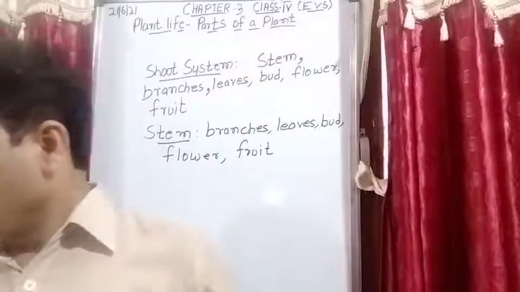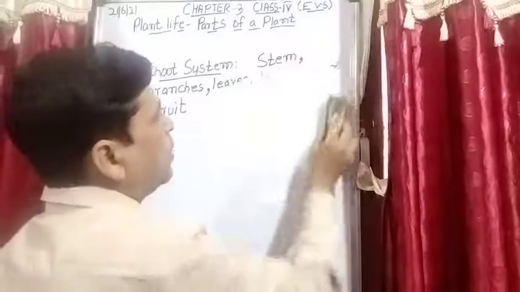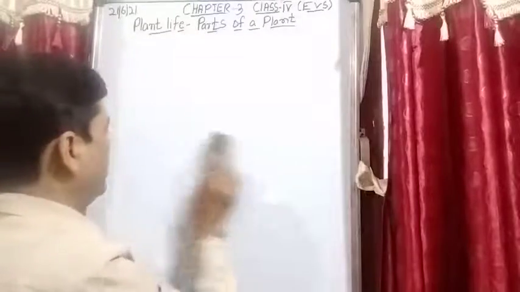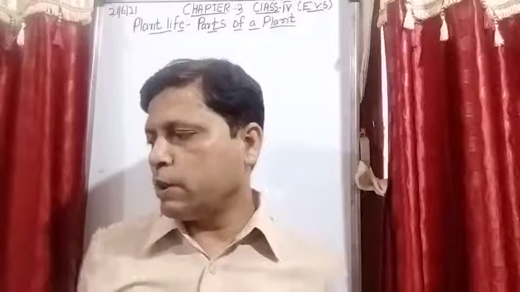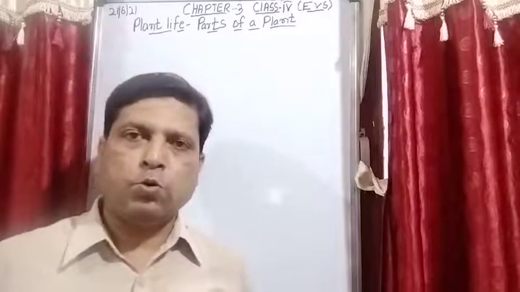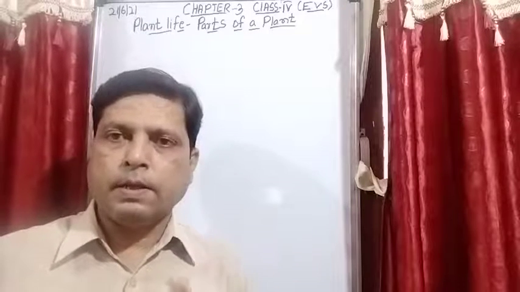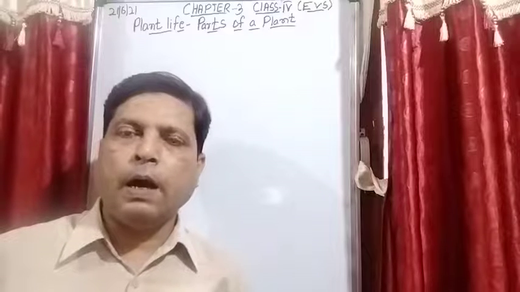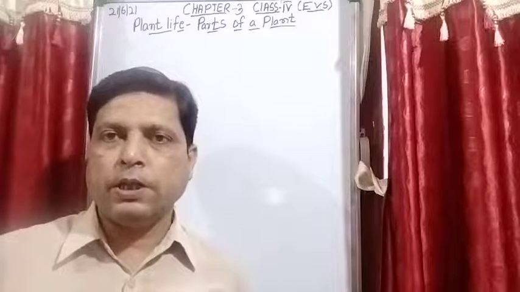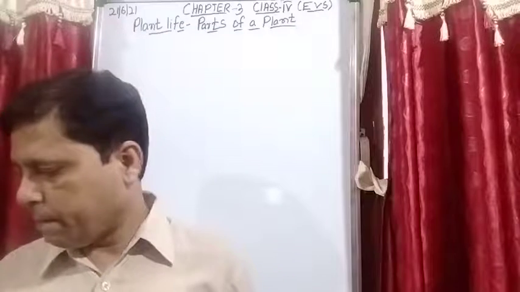So what is the shoot system and root system? That is clear. Now what is the stem? Stem is that part of the plant which is above the ground, and its parts are branches, leaves, buds, flower and fruit.